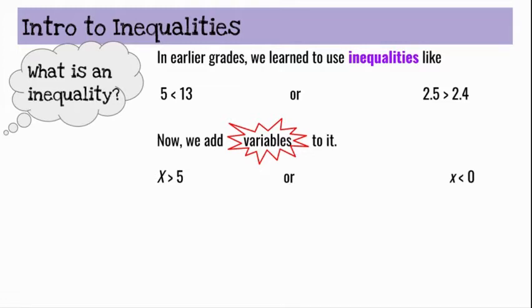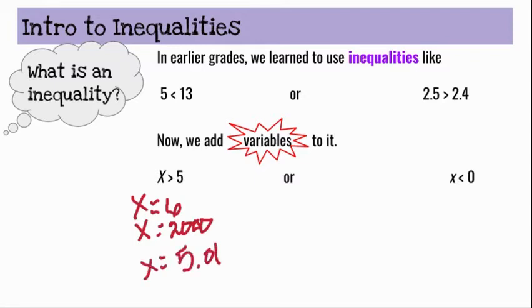There are an infinite number of things that x could be equal to. X could be equal to 6. X could be equal to 2,000. X could be equal to 2 million. X could even be equal to like 5 1/100th. All of those values of x, whatever you come up with, are going to be greater than 5.